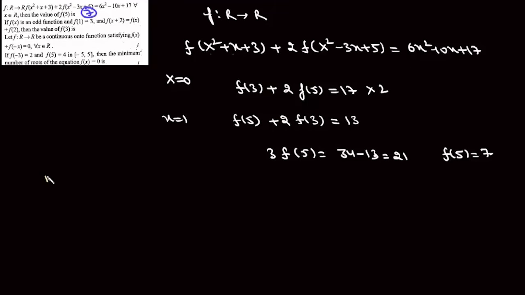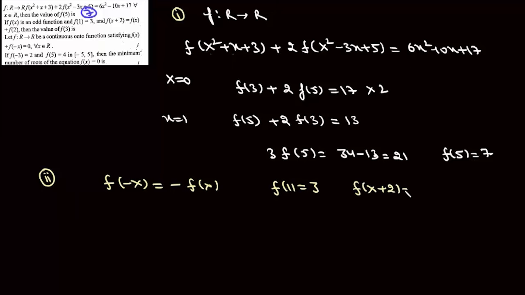Now we'll come to the second question. f(x) is an odd function. That means f(minus x) is minus f(x), and we are given that f(1) is 3 and f(x plus 2) equals f(x) plus f(2).